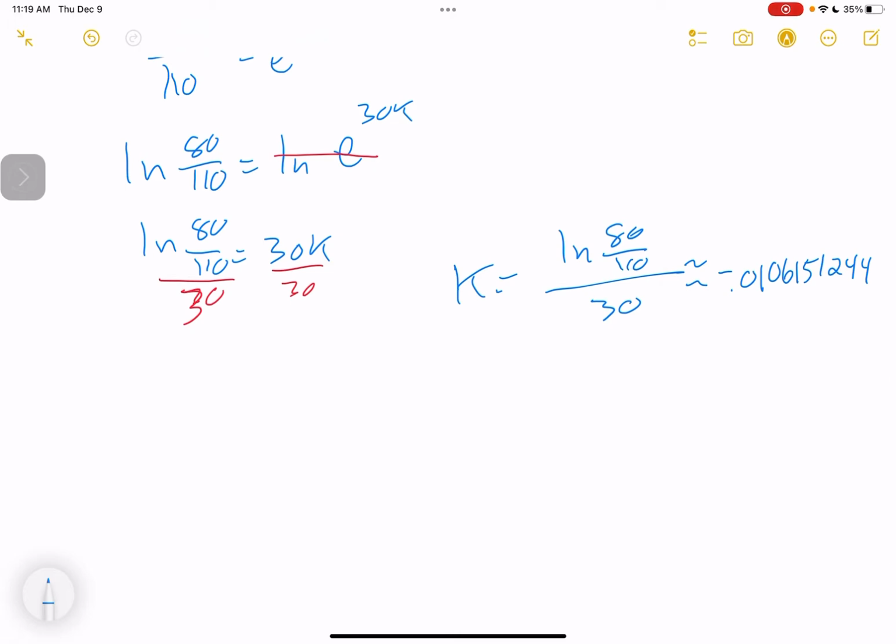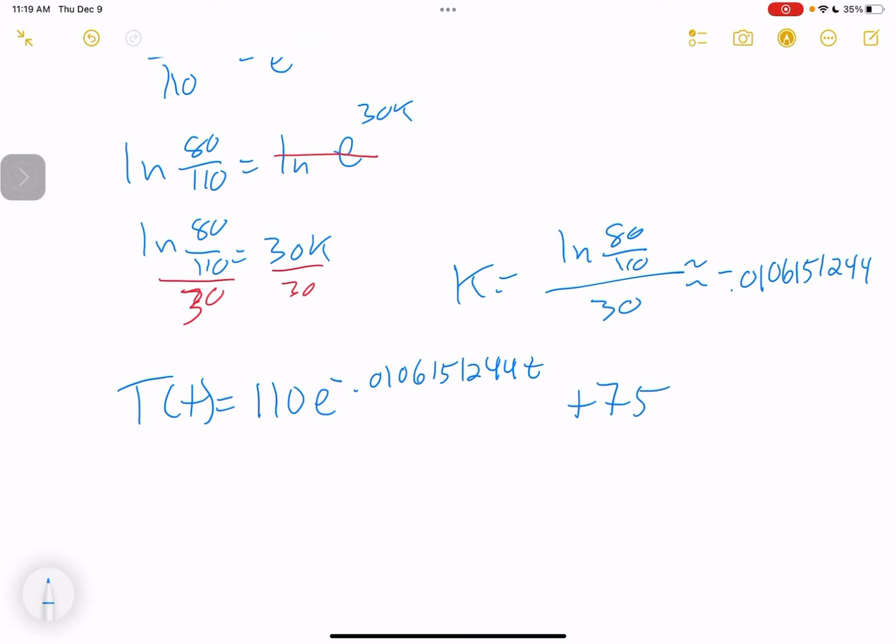Now you could round that off, but you're going to propagate some more error. So T of t will then be 110 e to the negative, ready for this, 0.0106151244 t plus 75.